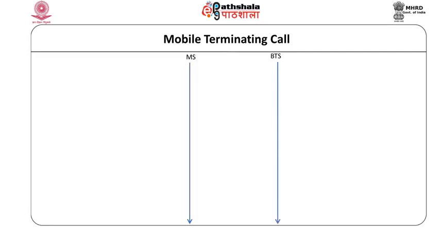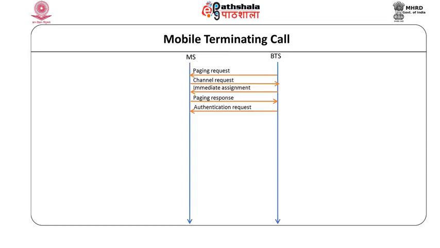So, mobile station and the BTS, we just saw that the paging request is sent to the mobile station, and the channel request goes to the BTS from the mobile station. If available, the channel is assigned to the mobile station and an immediate assignment message is sent. Now, once the mobile station knows that it has got the channel, it sends a paging response message and initiates the session.